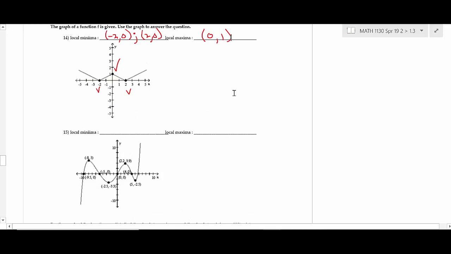Okay, the next problem, let's see, local minimums. Okay, it looks like this one has 2 local minimums. So just name the points on here. I think I have those written down on here. It looks like (-2.5, -3.3), and then the second point looks like that is (5, -2.5) like that.